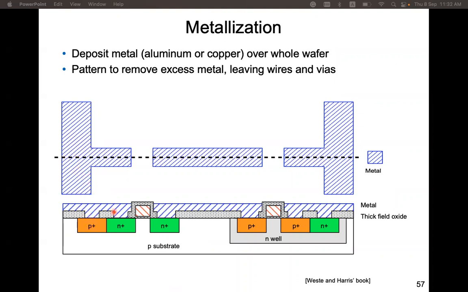And because we have openings here, this metal can fill these gaps. So it provides contact to the semiconductor regions. Well, that's the whole six steps in this simple inverter.